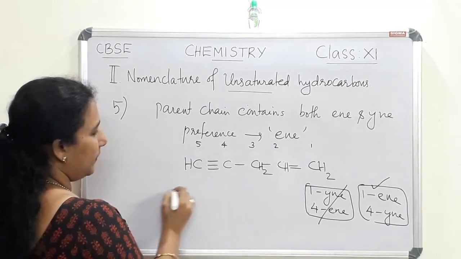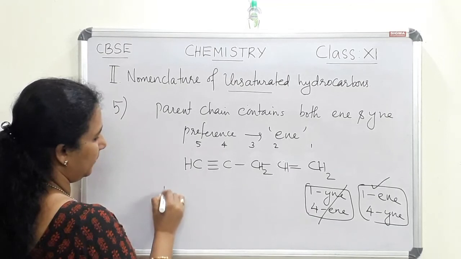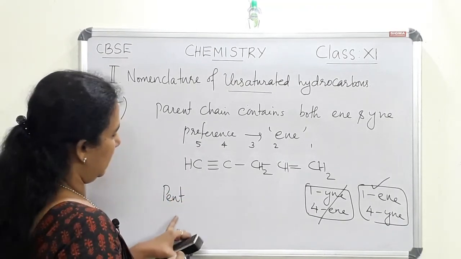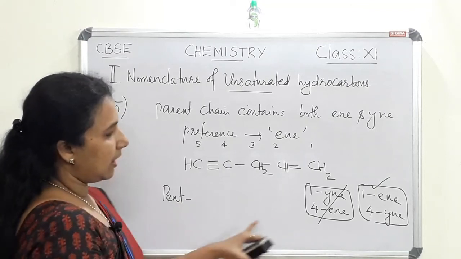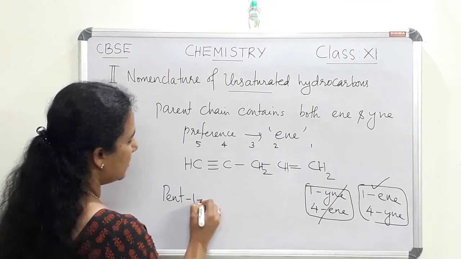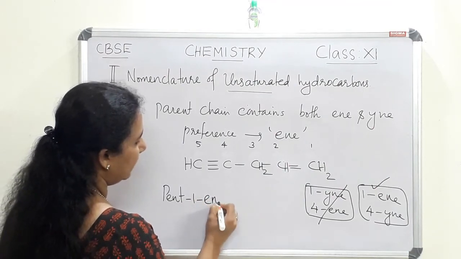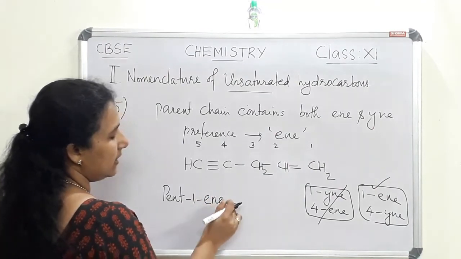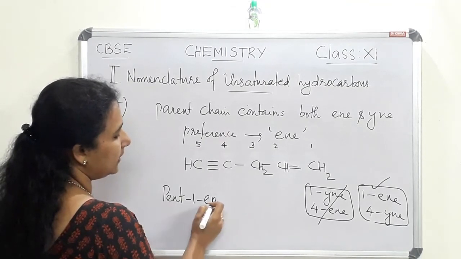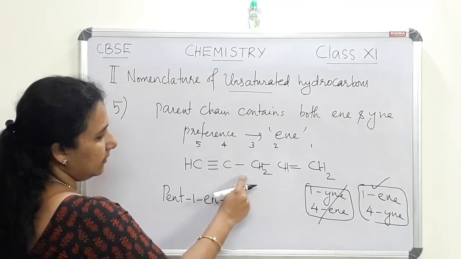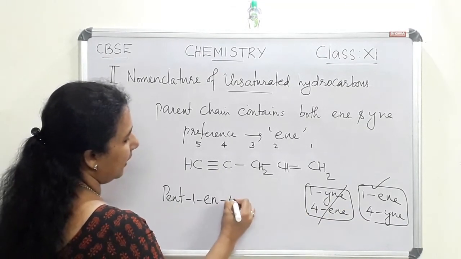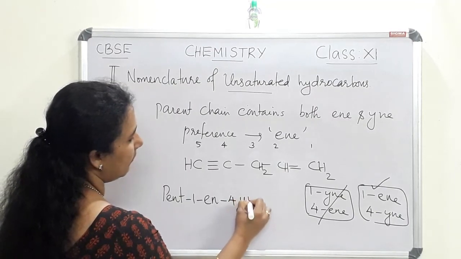There is no prefix. We have to start with the word root, that is pent. Then comes ene. Ene has the preference, that is in the first position. So it is 1 en. We cannot end with e since the other term is also there, so we have to write up to en. Then the fourth position is yne.